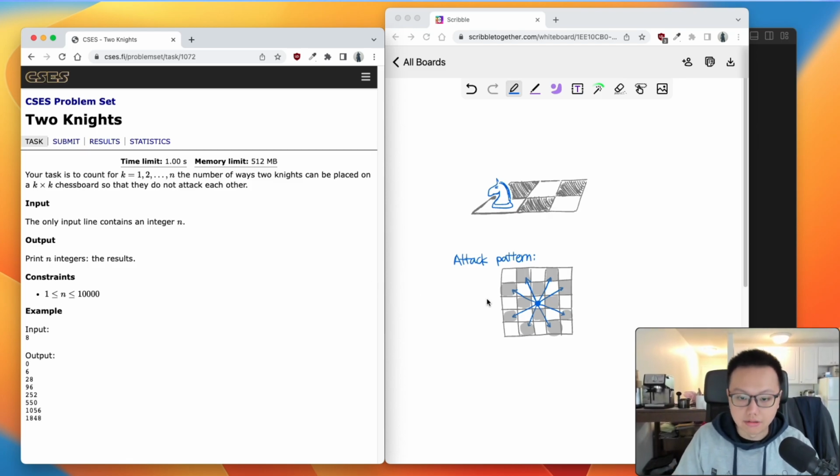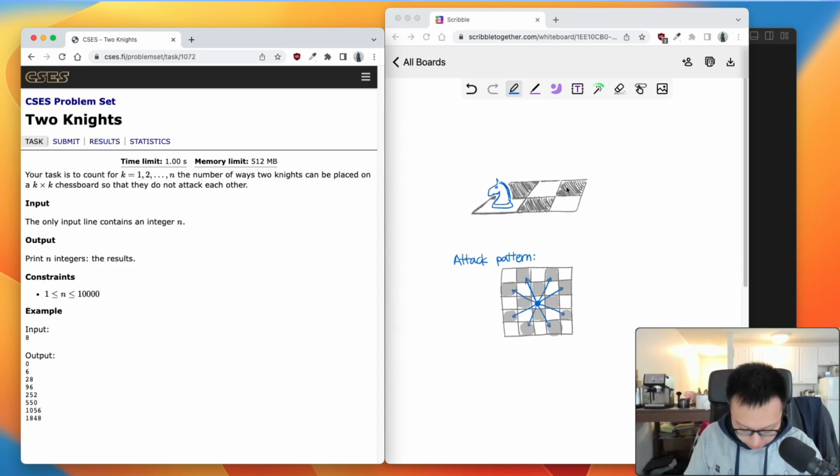So all we need is to count the number of ways they actually do attack each other. The format of the problem also gives us a hint: in order to produce the answer for all k values from 1 up to n, we can think in an incremental way, right?